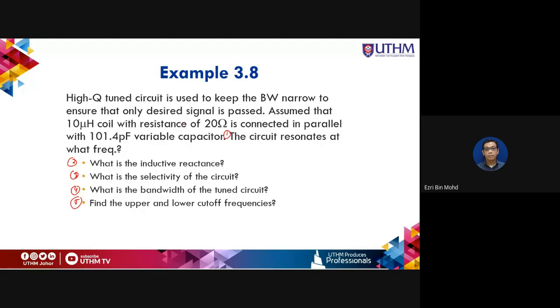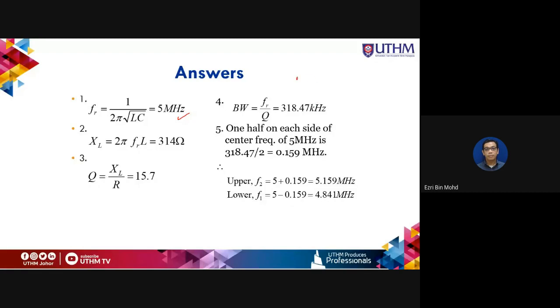The fourth question: find the upper and lower cutoff frequency. We know that the bandwidth is equal to 318.47 kilohertz, and the resonant carrier frequency is equal to 5 megahertz. The lower and upper sides of the signal can be calculated by dividing 318.47 by 2, so you get 0.159 megahertz.